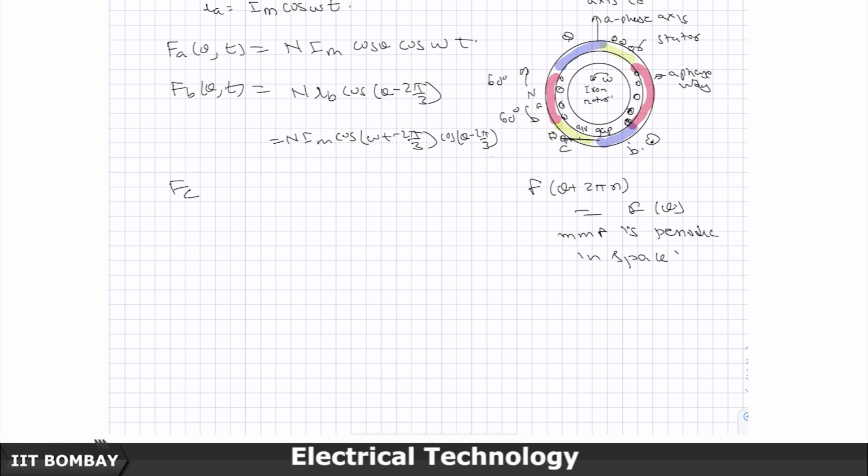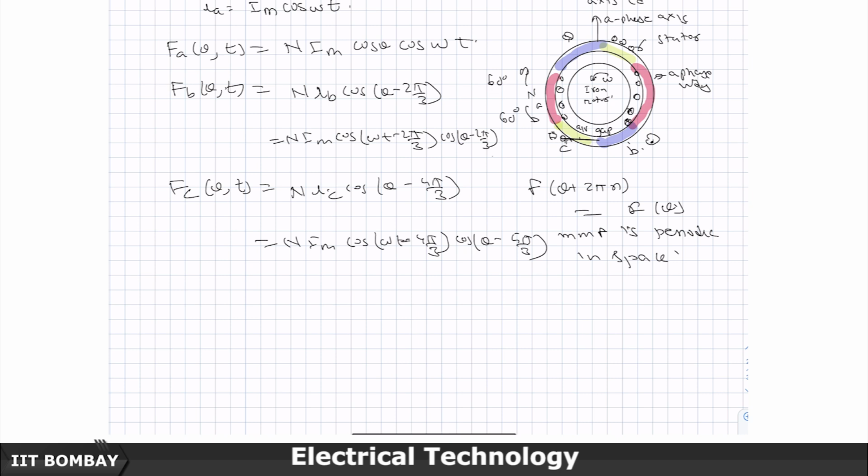And then if you had FC of t, it will turn out to be NIC cos of theta minus 4 pi by 3, and this will be NIM cos of omega t minus 4 pi by 3 into cos of theta minus 4 pi by 3.